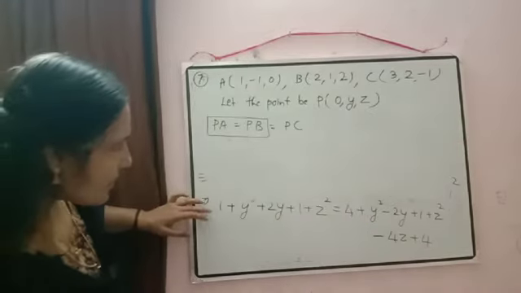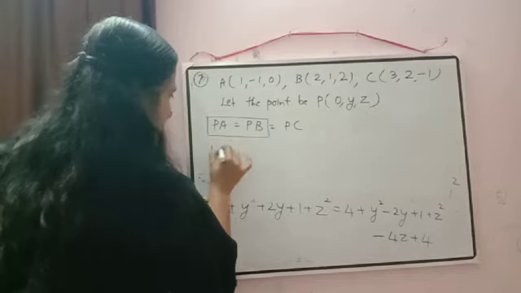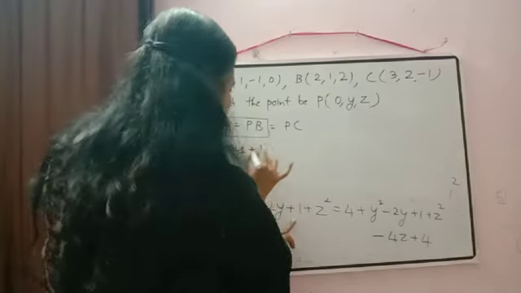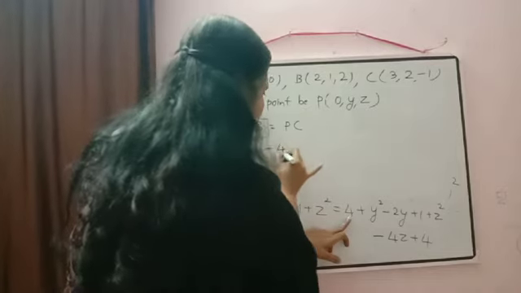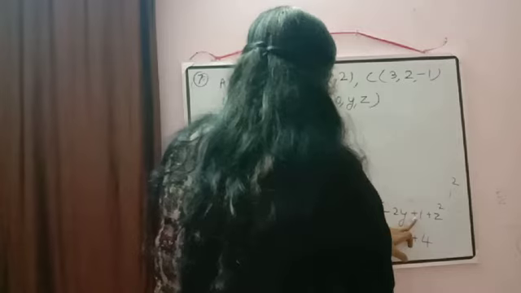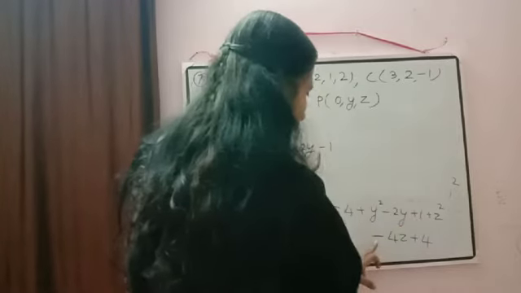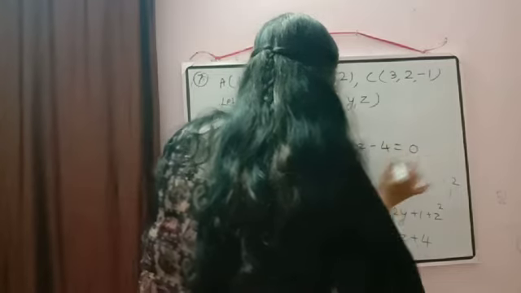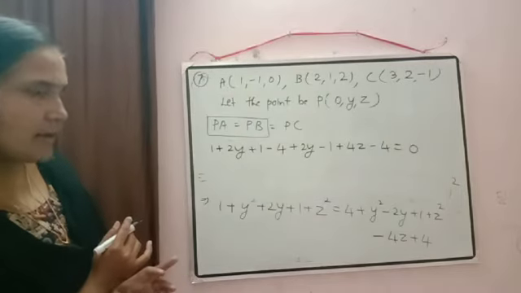So the remaining expressions are 1 plus 2y plus 1, minus 4, minus 2y will become plus 2y, then minus 1, z square already got cancelled, plus 4z minus 4 is equal to 0. Okay, clear?